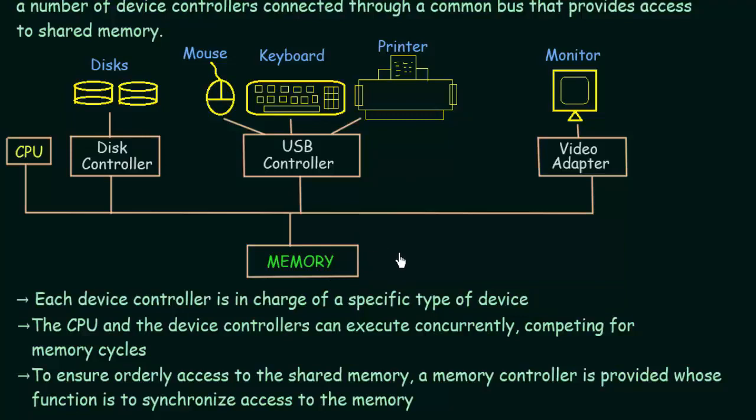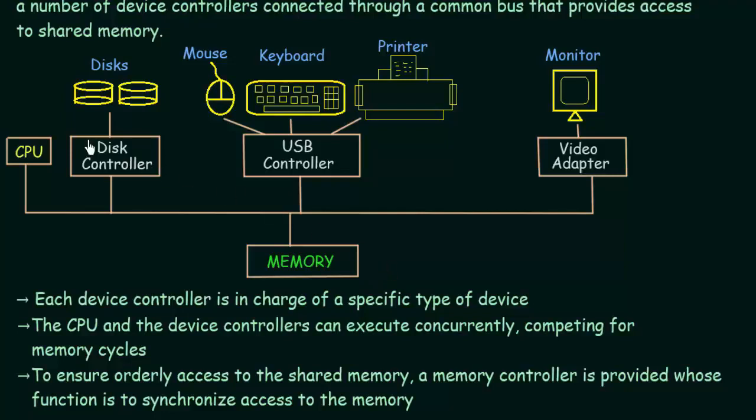We need to ensure that all of these devices get their required share of memory so that they can be loaded correctly and executed in the right way without any problem for the user. So we have a memory controller here which ensures that every other controller or device gets proper access to the memory that it needs so that they can work smoothly. The memory controller synchronizes everything and makes everything work in a very smooth way.